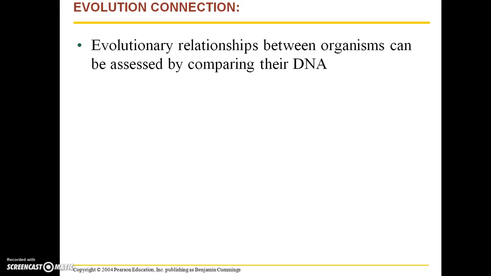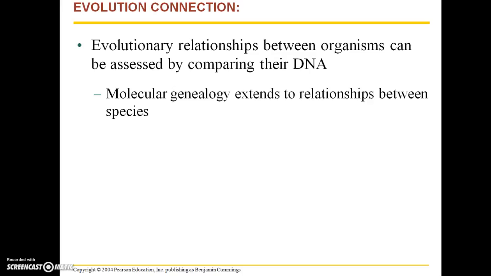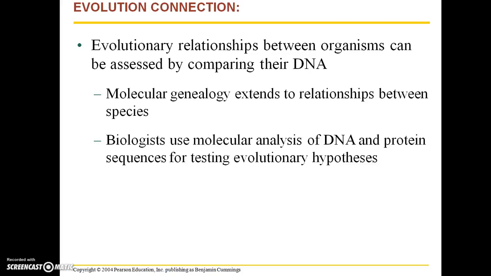Evolutionary relationships between organisms can be assessed by comparing their DNA. Through molecular genealogy, we can extrapolate relationships between various species, and biologists use molecular analysis of DNA and protein sequences in order to test their evolutionary hypotheses.